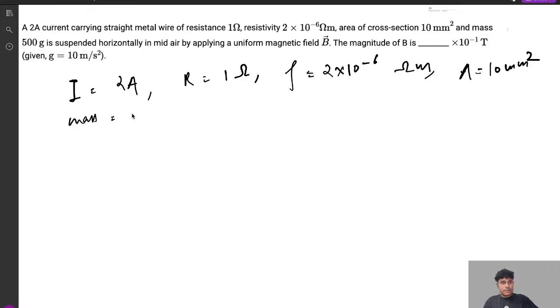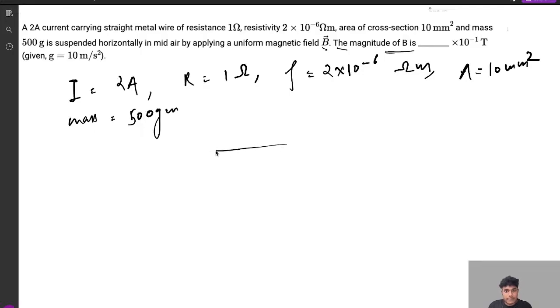Mass is equal to 500 grams, suspended horizontally in mid-air by applying uniform magnetic field B cap. We have to find the magnitude of the magnetic field, and gravity is given as 10. So what is our scenario?